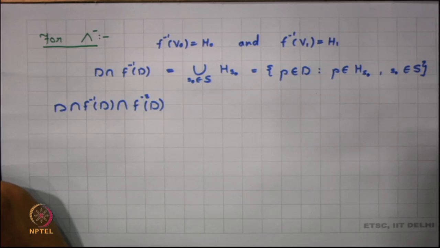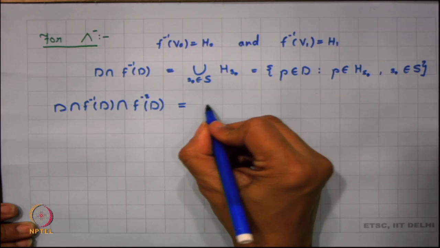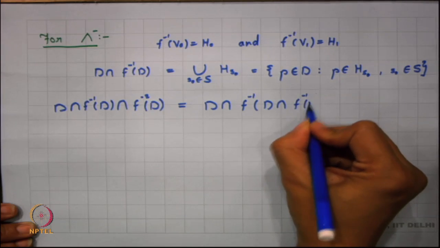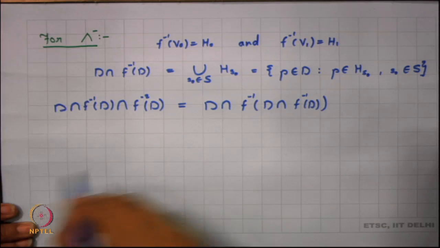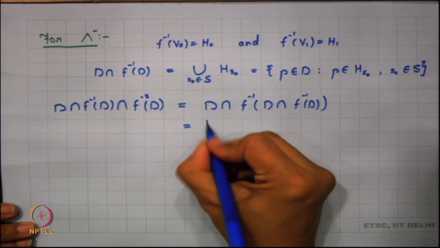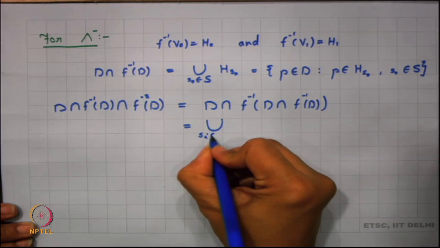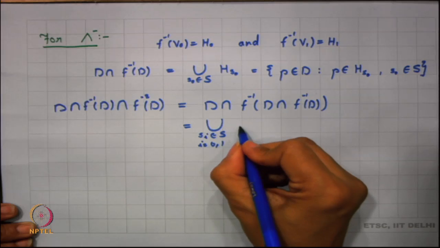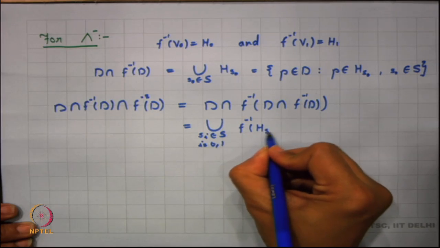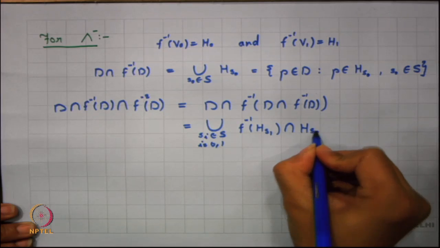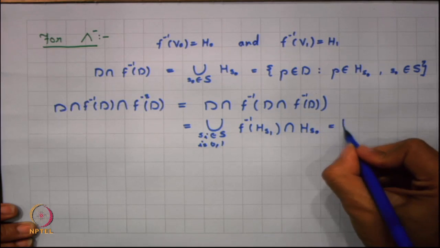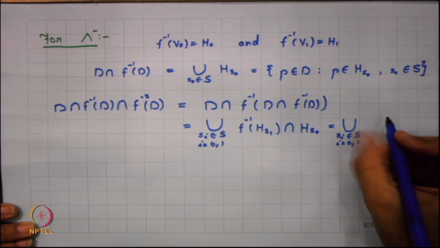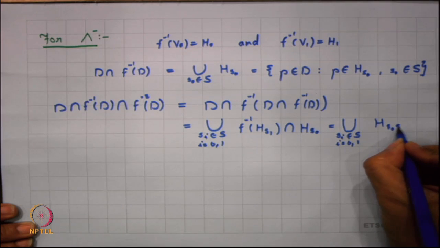If we look into this part, it is D intersection F inverse of D intersection F inverse D, and so this is my union over S i belonging to S, where i varies over 0 and 1, of F inverse of H S 1 intersection H S 0, which I can write as H S 0 S 1.